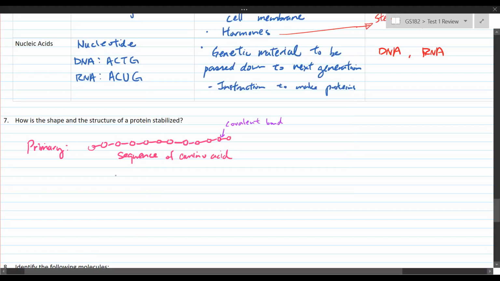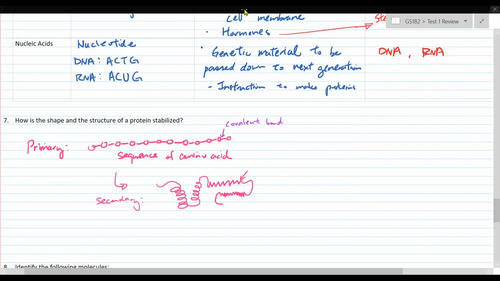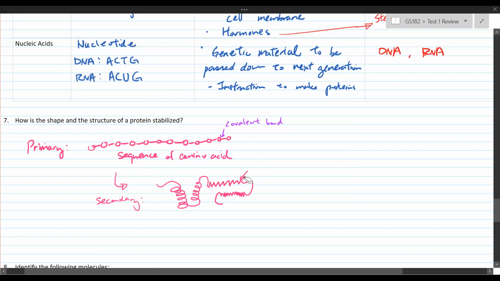And then the secondary structure, they either form these spirals, the helices, or they have these zigzags, and so that's called the beta sheets. Or the alpha helix.